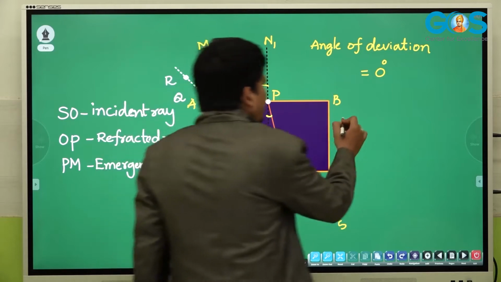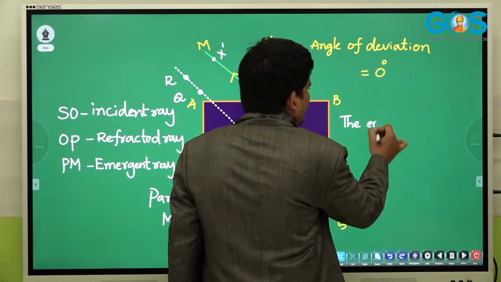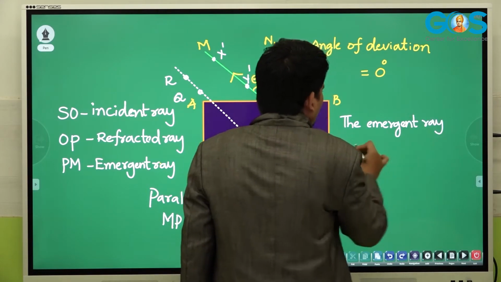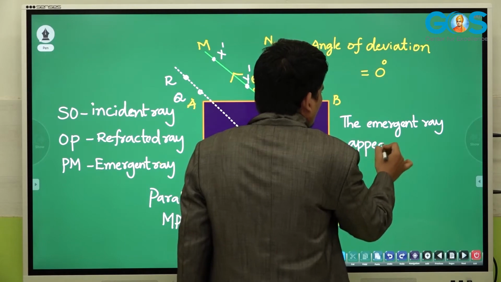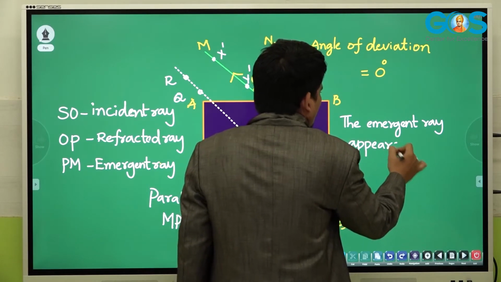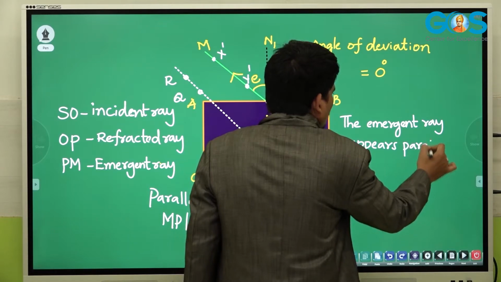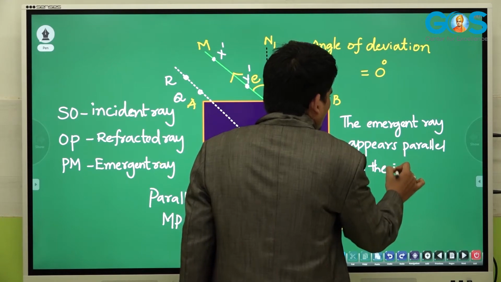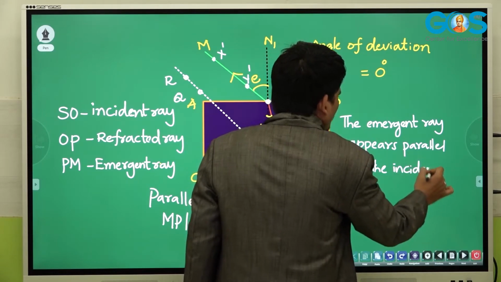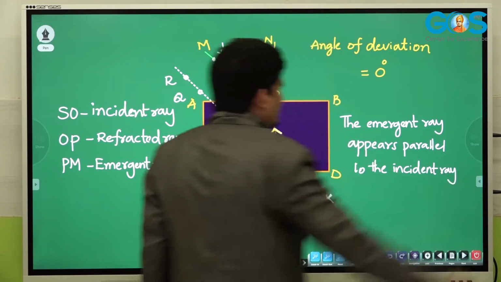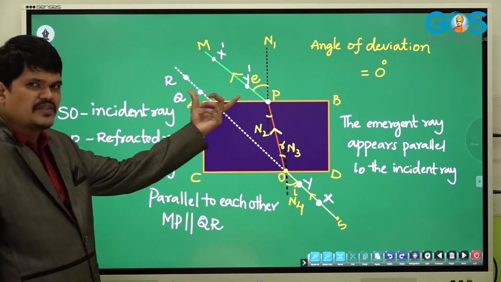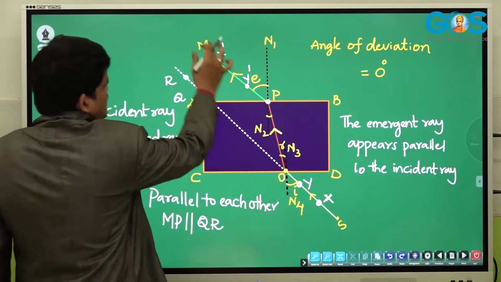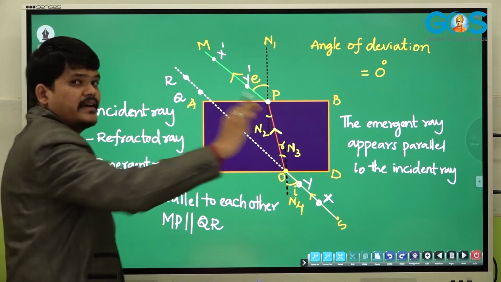The emergent ray appears parallel to the incident ray. See here, we can see from the figure. So this is the path of the extended incident ray and this is the emergent ray. How do these two rays look? They are parallel.